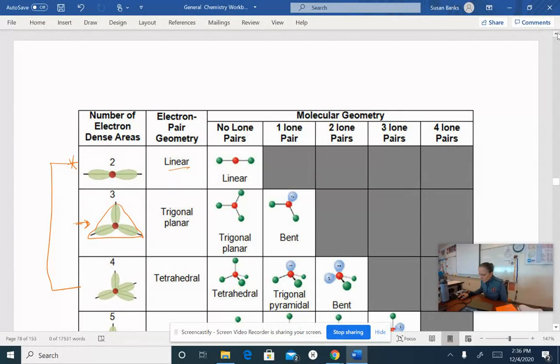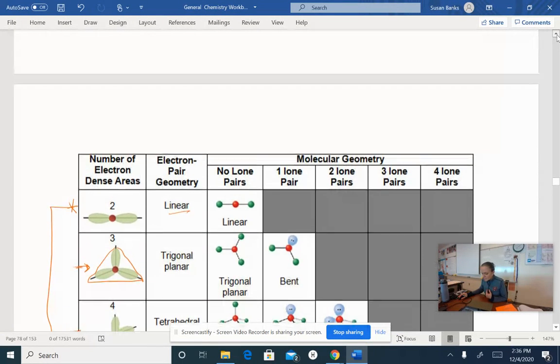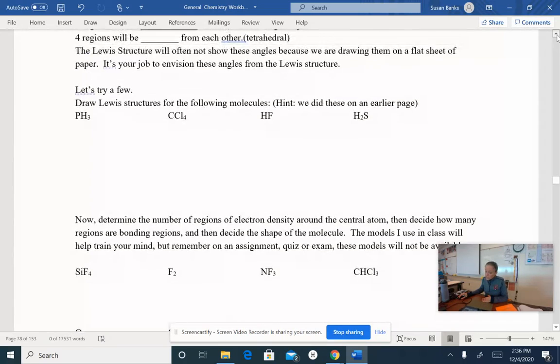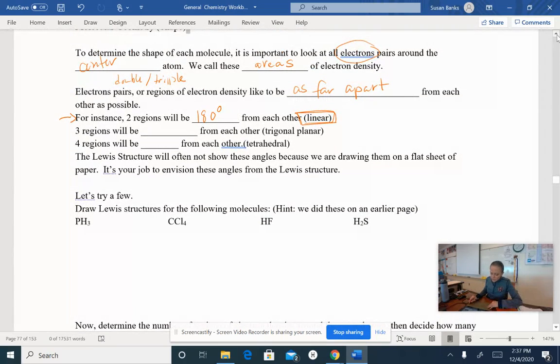It is called trigonal planar because it's a triangle and it's in one plane. That's where we get the name. So your geometry comes back to haunt you here. Three regions will be about 120 degrees from each other, and we call that a trigonal planar geometry.